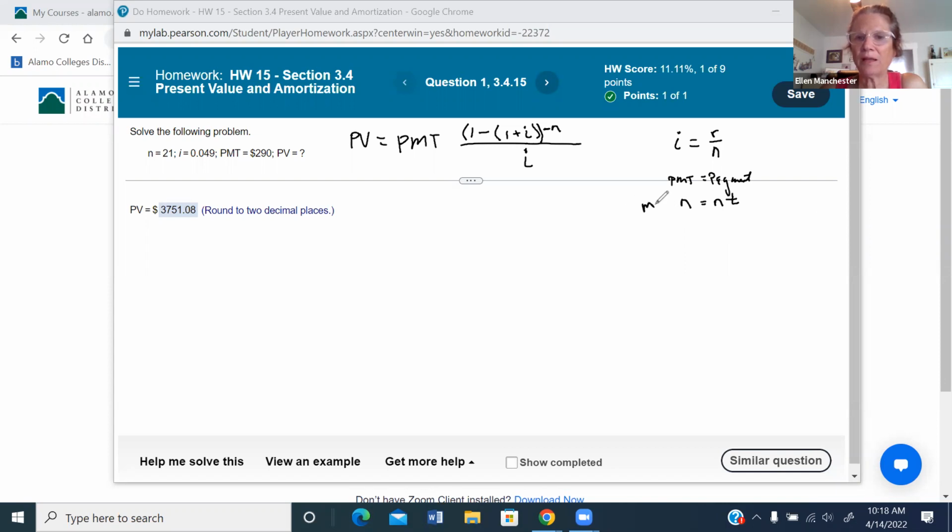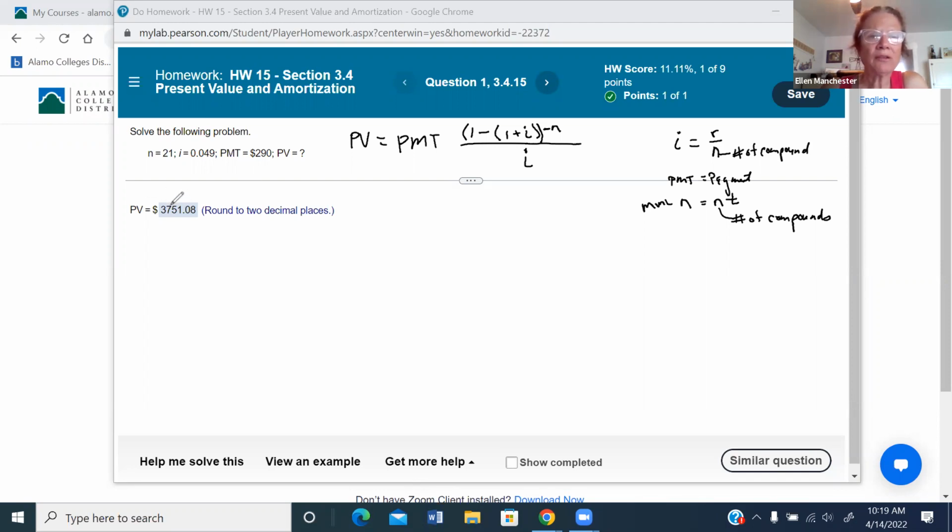This is the MyMathLab N, and this is the number of compounds. This is also the number of compounds. Sometimes they give it to you where I is already calculated. Other times they give you the rate and the number of compounds and you have to calculate it. So you have to be aware of that.